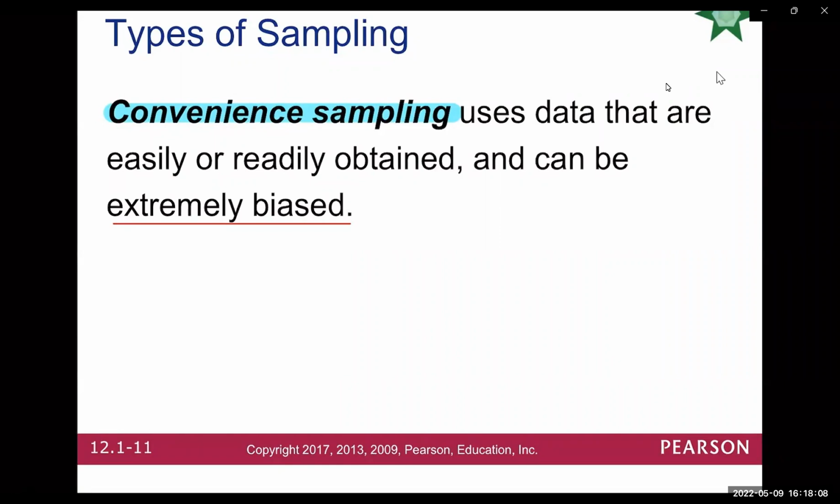But they might be biased, because maybe they're really into social media, or maybe they're not into it at all. You don't want to do it just out of convenience because they're easy to obtain. You want to make sure it's more random. So that's one of the samplings that you want to try to avoid.